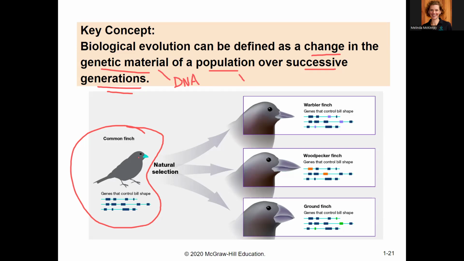The ancestor had a sort of generalized bill, and then many of the species that were found on this isolated island had specific beak shapes. Now that has been shown to relate to sequences of DNA. So these little strands here refer to sequences of nucleotides that are found in DNA. And so those vary and they're passed down from parent to offspring.